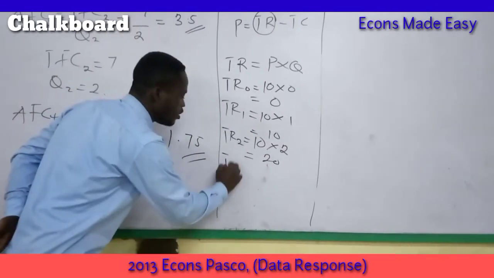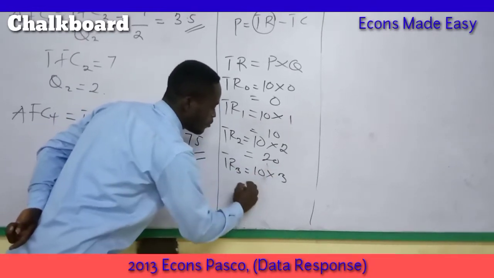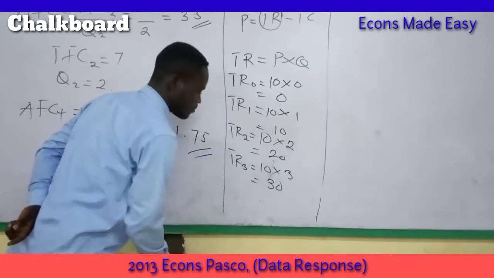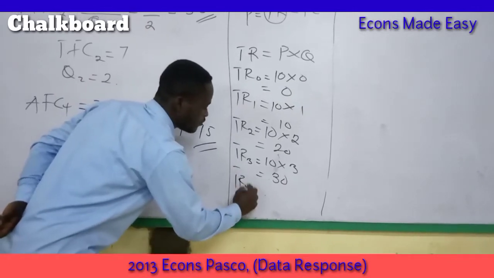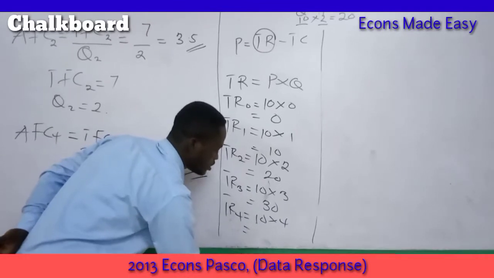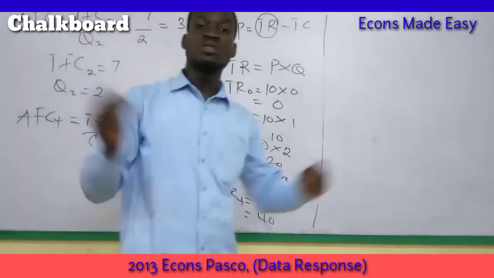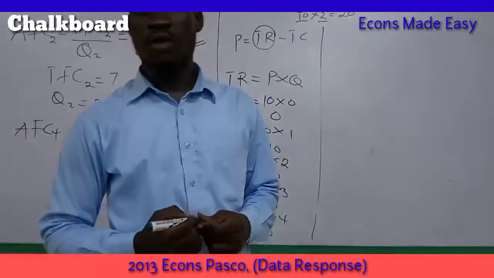And our total revenue of output 3 is going to be 10 times 3, which is 30. And our total revenue for output 4 is going to be 10 times 4, which is 40.